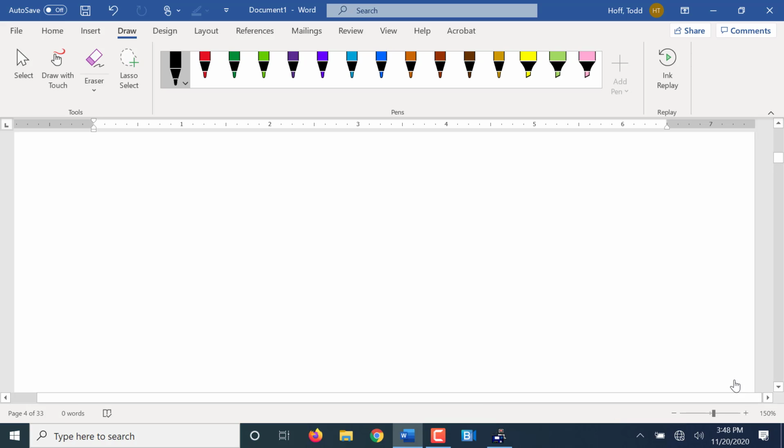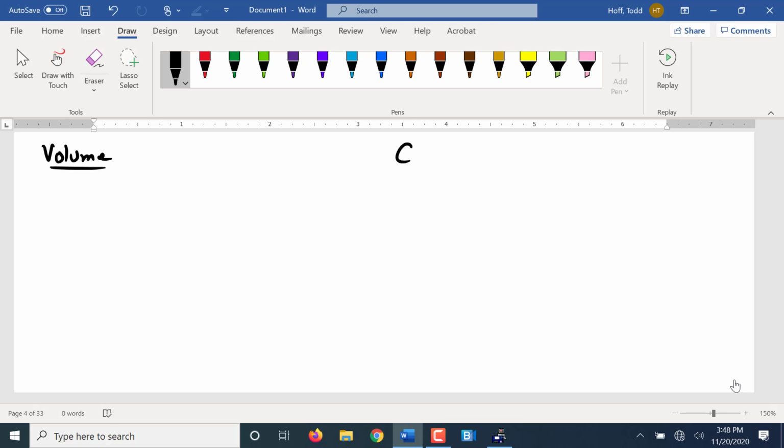Back at it. So a little bit of a change of pace here. We're going to talk about the difference between volume and capacity. Well, volume we've been working on for the last few weeks.